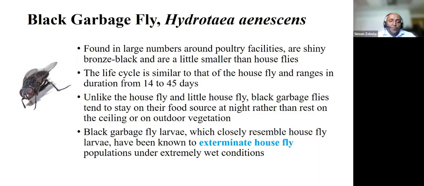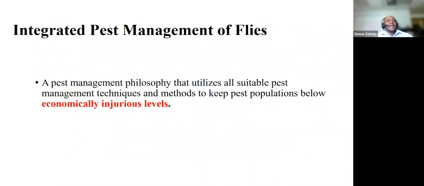Okay, so after we have seen these 3 types of flies, let's talk a little bit about integrated pest management of flies. So let's define what IPM is. IPM is a philosophy that utilizes all suitable pest management techniques and methods to keep pest populations below economically injurious level.